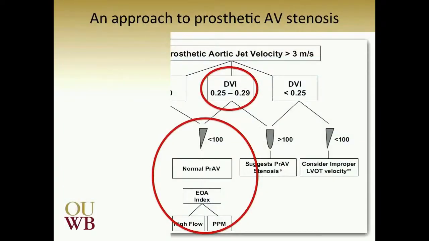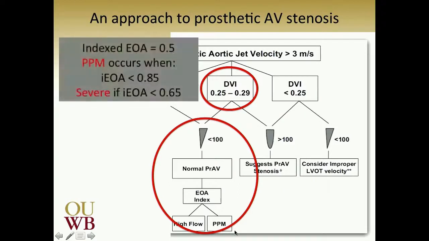If we go back to our flow chart, with a Doppler velocity index of 0.25 and short acceleration time, you then deduct the indexed effective orifice area and you go down the route of a patient prosthesis mismatch. Because this fits severe patient prosthesis mismatch, this is not a benign condition.